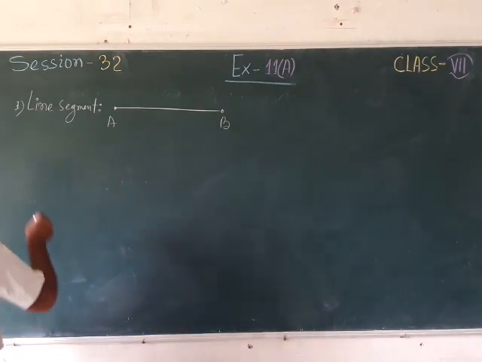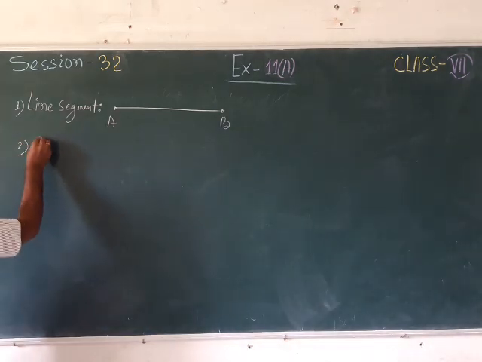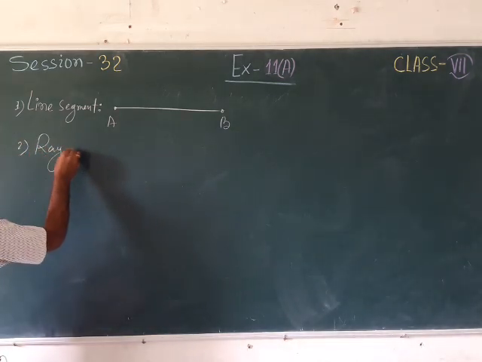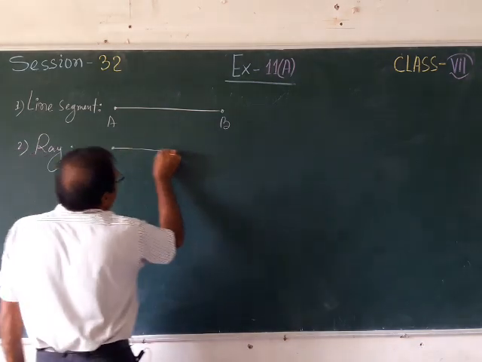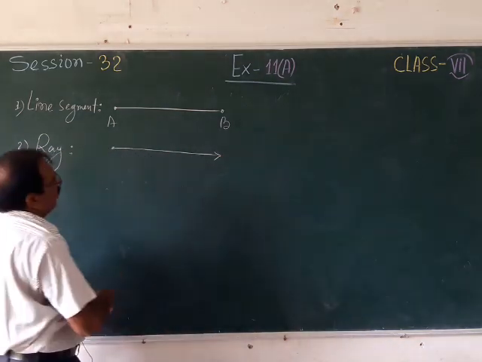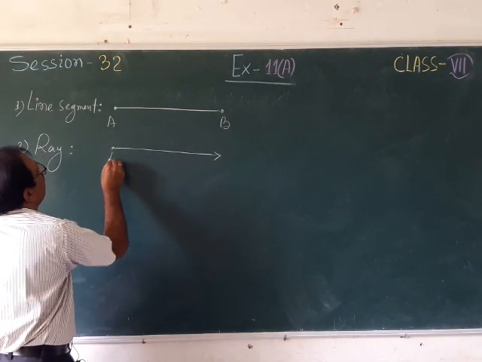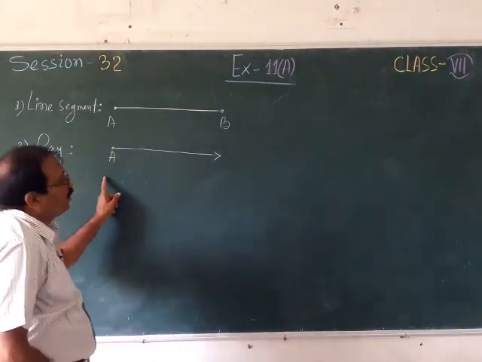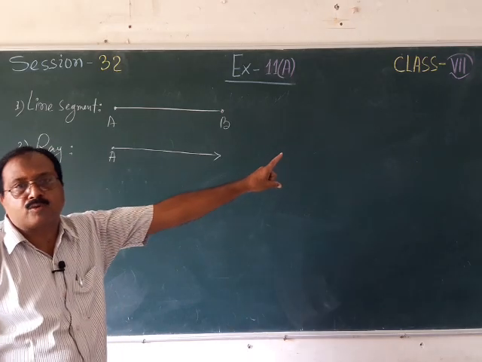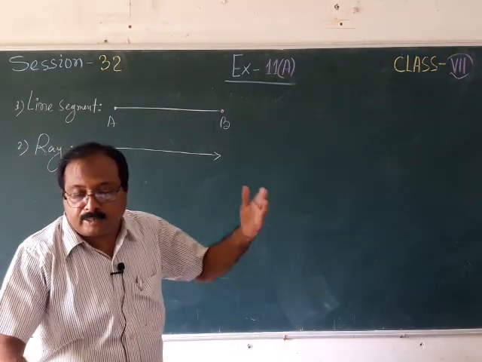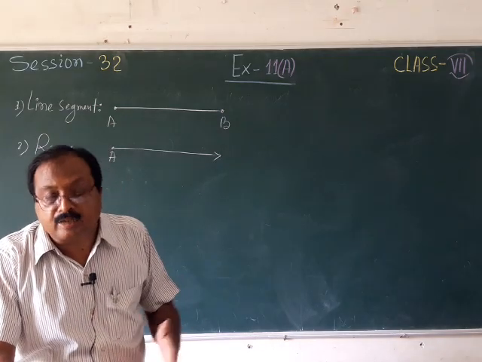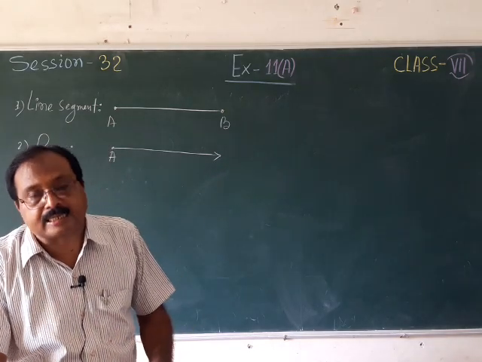Then second thing, number 2, I am talking about a ray. What is a ray? Ray means its initial point is known but end point is unknown. That means from where it is starting, suppose it is starting from A, but till where it is going is unknown. A ray is obtained when a line segment is extended in one direction endlessly.